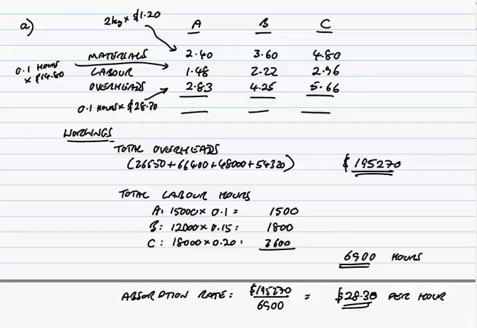Which gives the full unit cost: A, $6.71, B, $10.07, and finally C, $13.42.